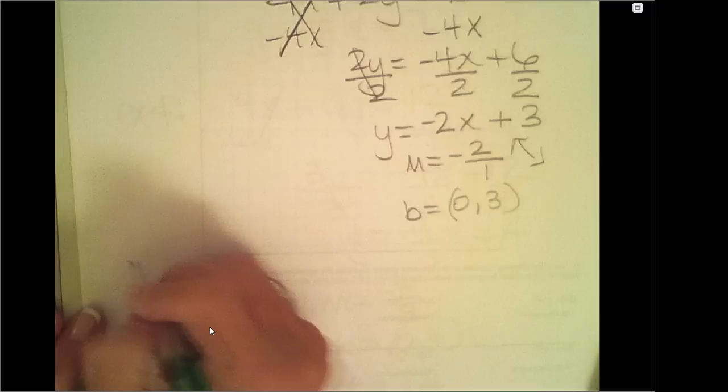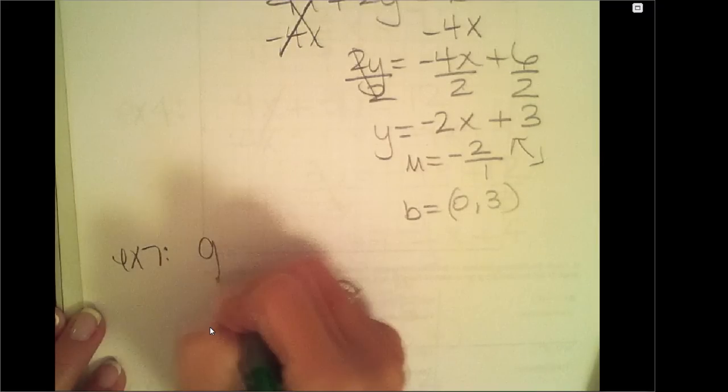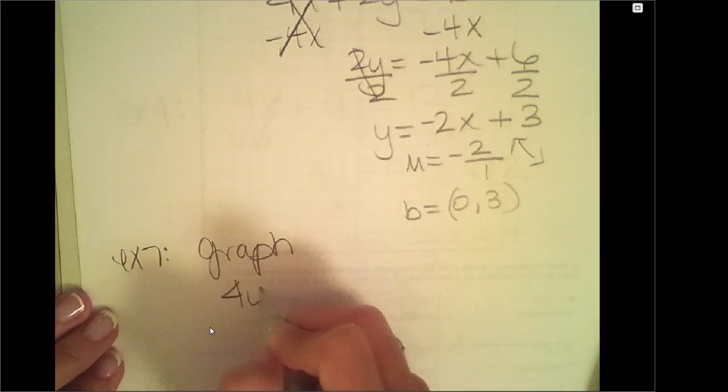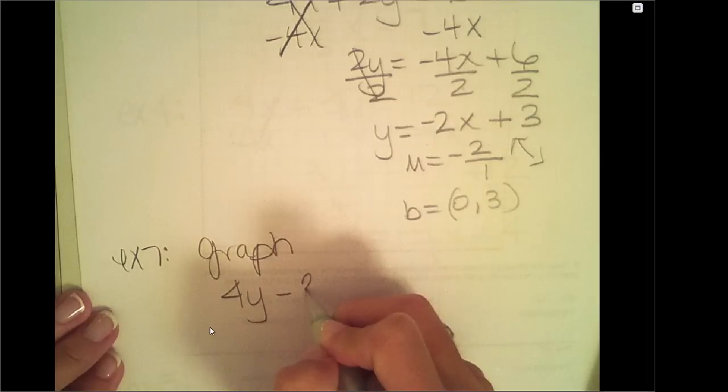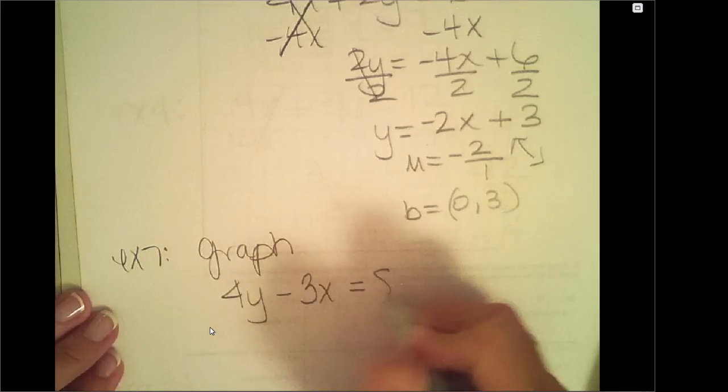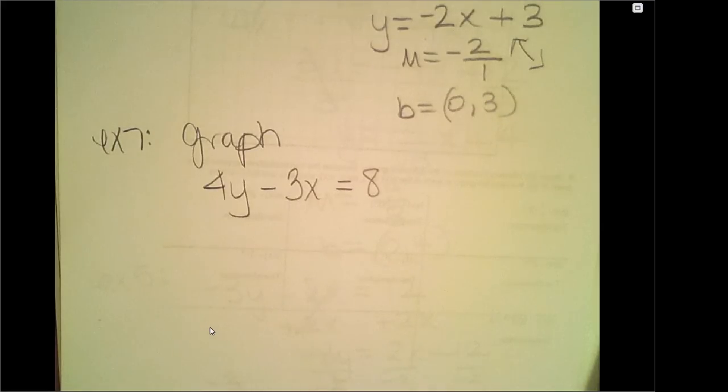Let's do number 7. I want you to graph 4y minus 3x is equal to 8. So again, you've got some understood steps.